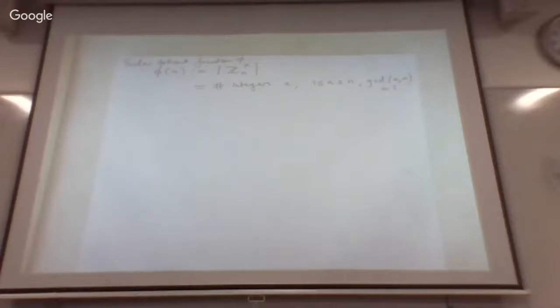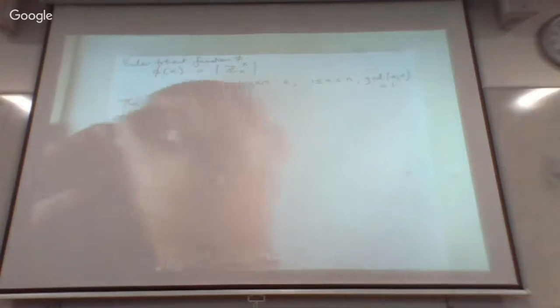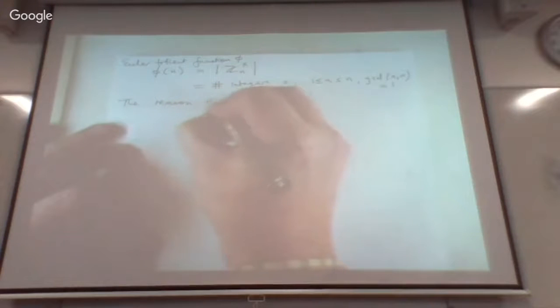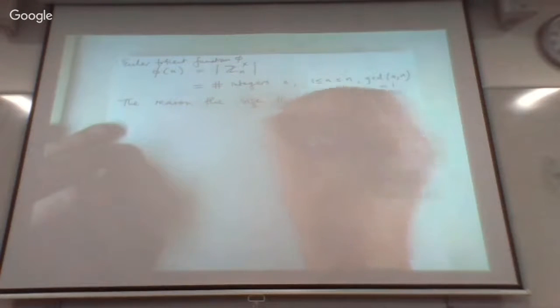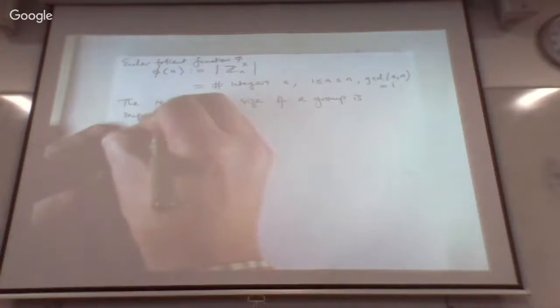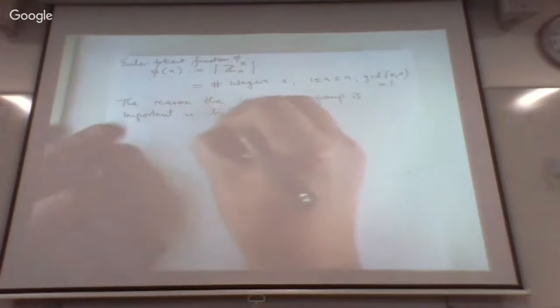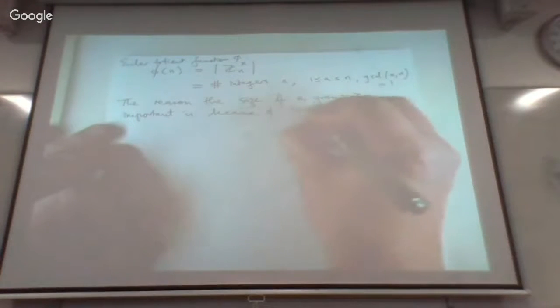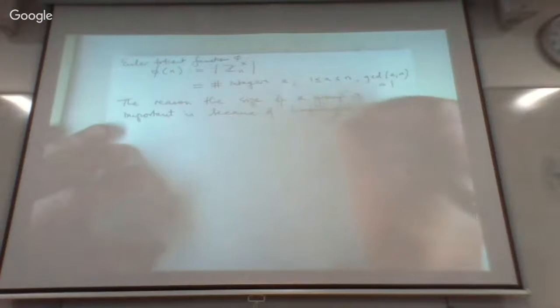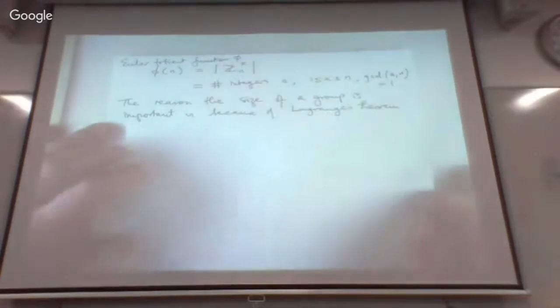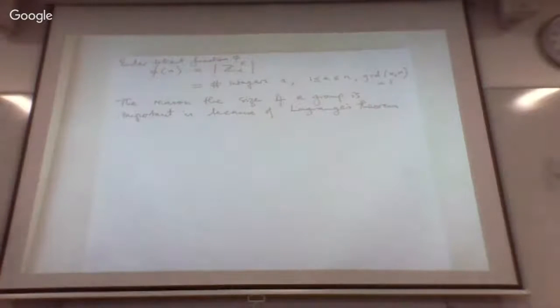What's its connection to exponents? The reason the size of a group is important is because of what's known as Lagrange's theorem. Lagrange's theorem is a theorem about group theory. We're going to take something from it here, although we will prove the results we're taking from it from the ground up in the setting of modular multiplication.